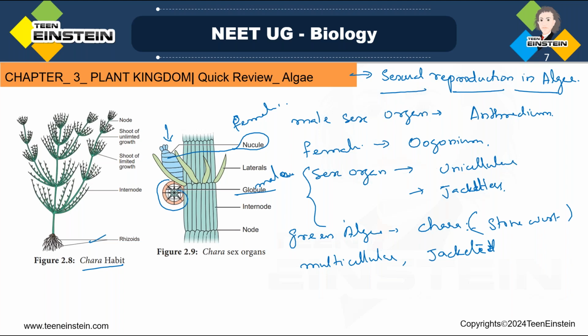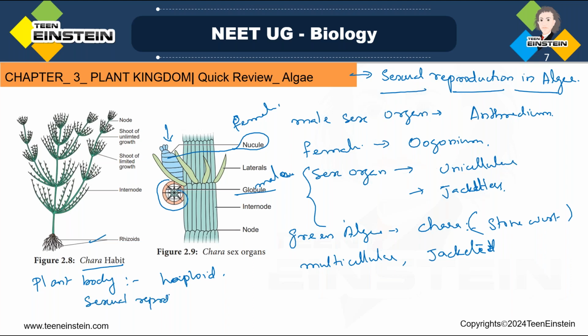Here the plant body of algae is haploid. So the sexual reproduction takes place through zygotic meiosis.